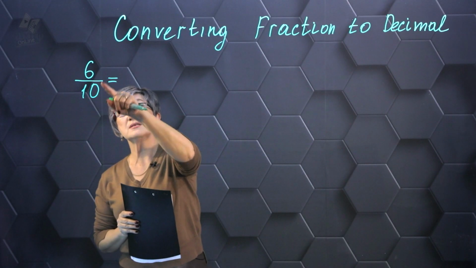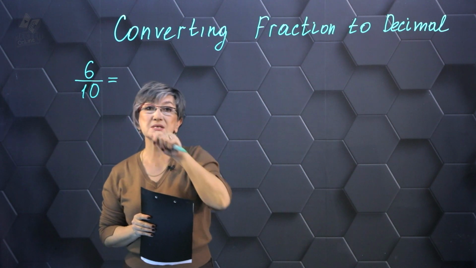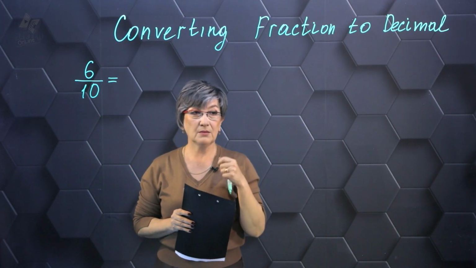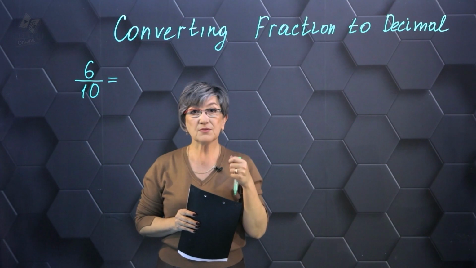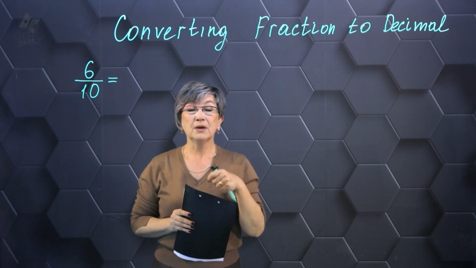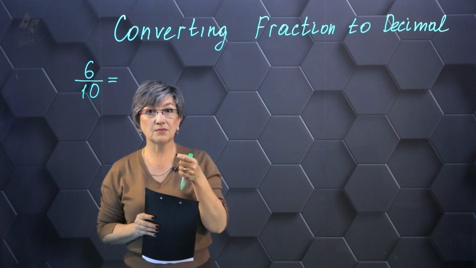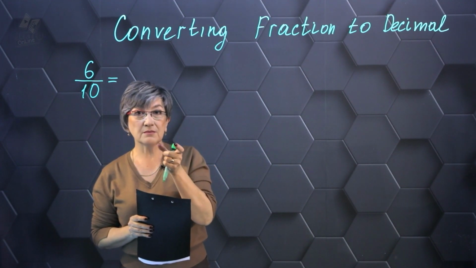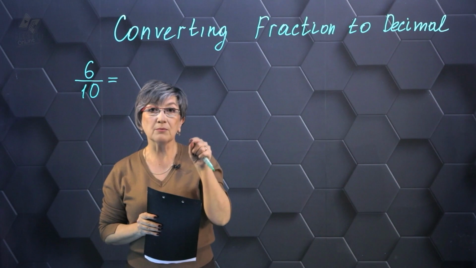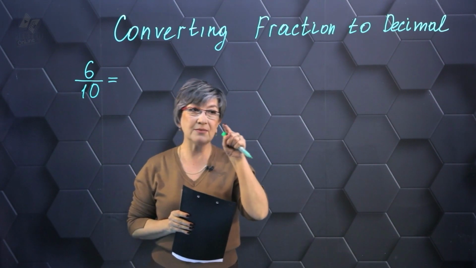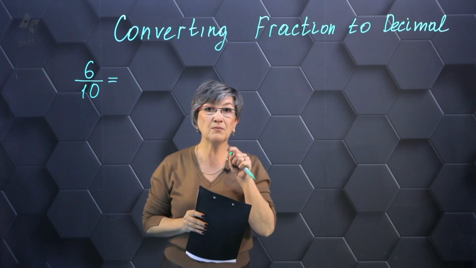So we need to convert the fractional number 6/10 and write it as a decimal fraction. How do we do it? First of all, let's remember that a decimal fraction is written using numbers in which the whole part is separated from the fractional part by a period.